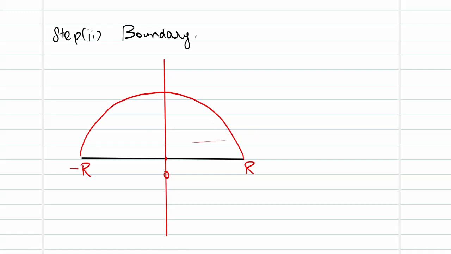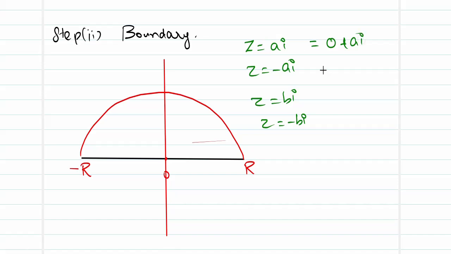Okay, now let us consider the poles, which are z equal to ai, z equal to minus ai, z equal to bi, z equal to minus bi. Now this can be written as 0 plus ai because the real part is not here. This is 0 minus ai, this is 0 plus bi, and this is 0 minus bi.